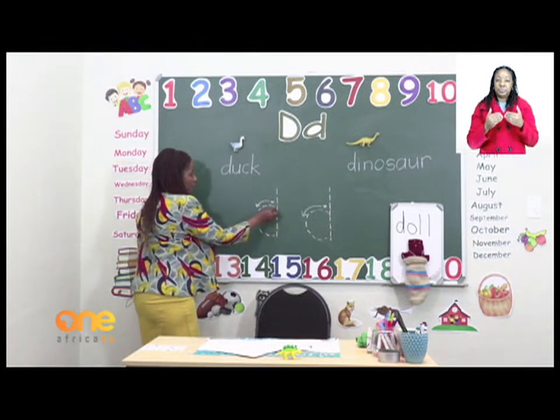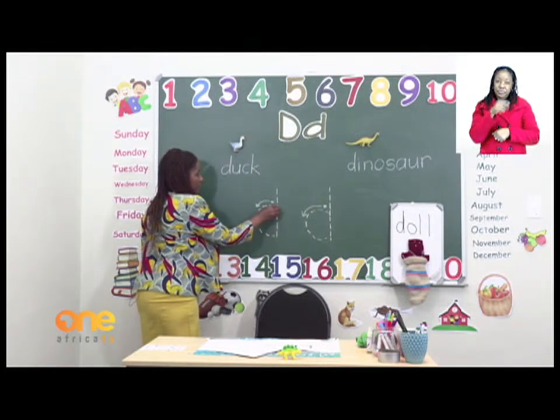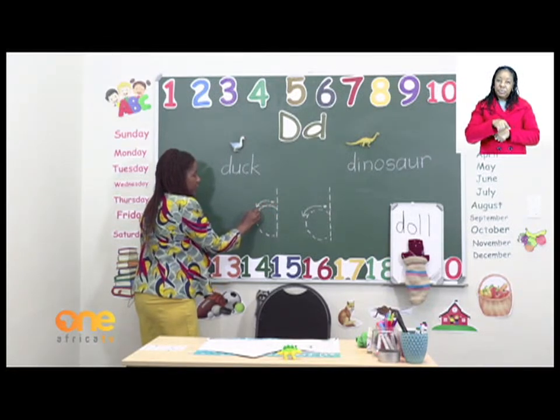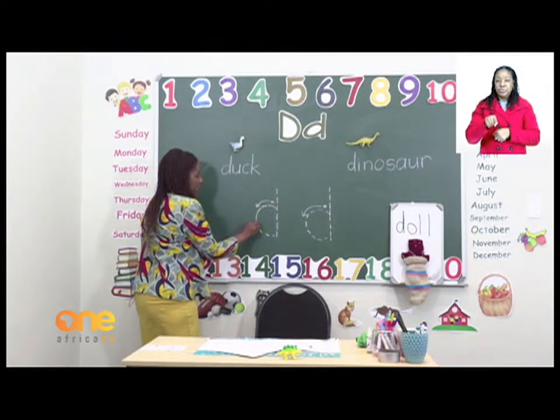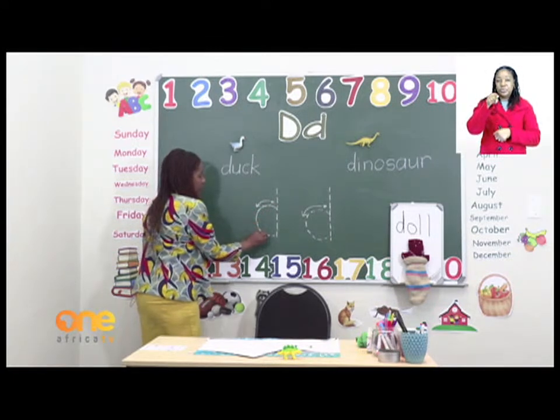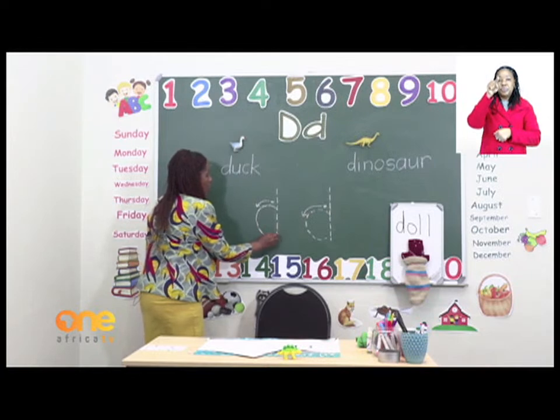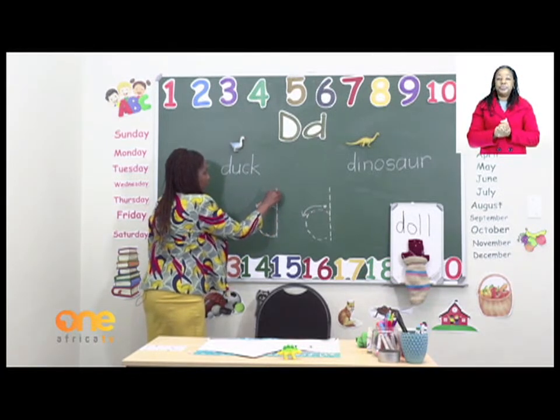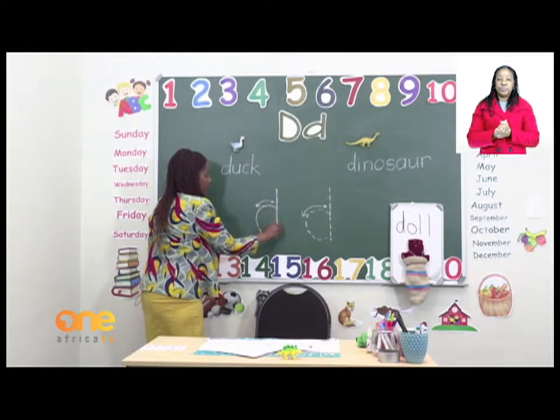So let's put our pencil right here and we go round, connecting the dots, following the direction of writing. And we go all the way up, up, up, and we go down, down, down.